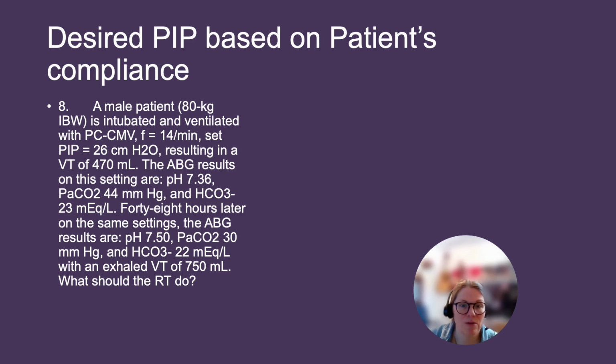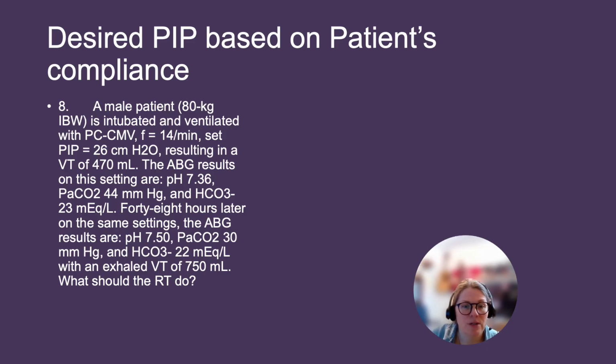ABG results, we have a pH of 7.36, which is normal. CO2, 44, normal. Bicarb, 23, normal. Patient's good.